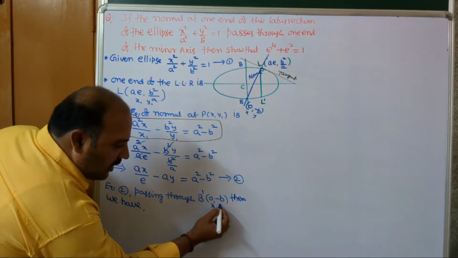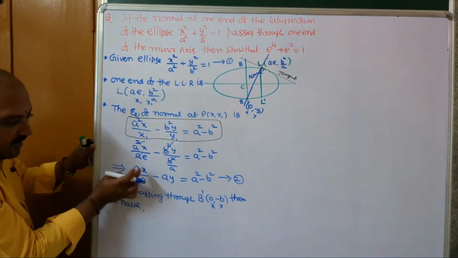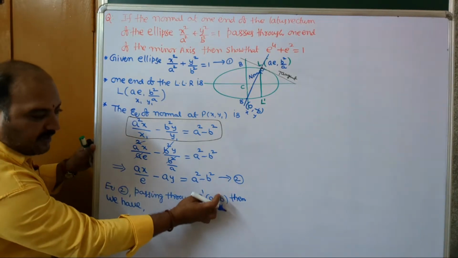In this equation, wherever x is there, replace with 0, and wherever y is there, replace with minus b.